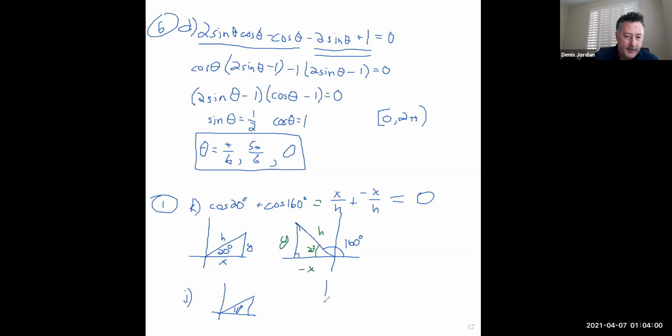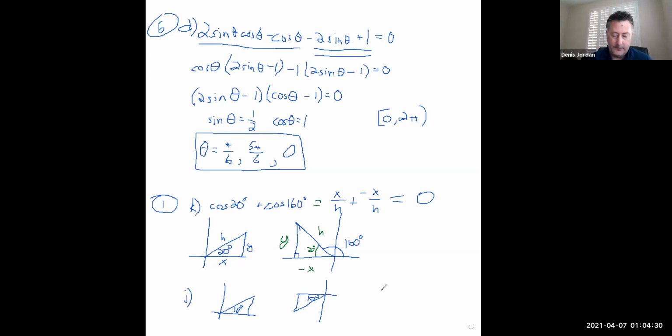So again, it's the same exact triangle, but one of them is going to give you a positive result and the other one's going to give you a negative. So they just cancel out. So for sine, they'll cancel out if one triangle's on top, above the x-axis, and the other one is below.